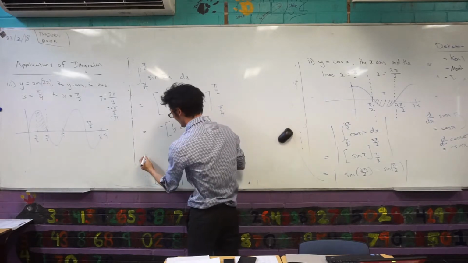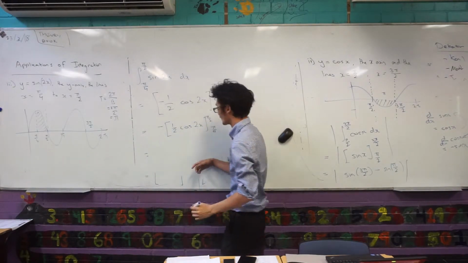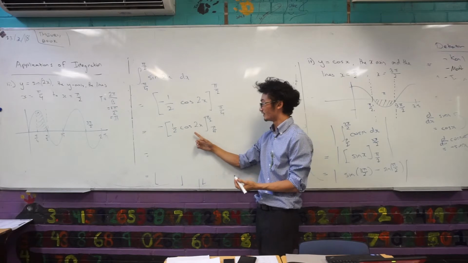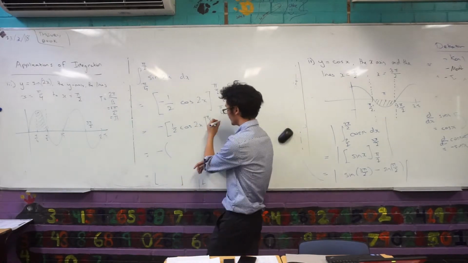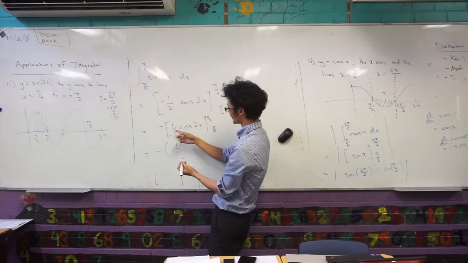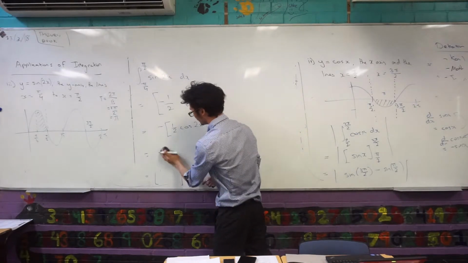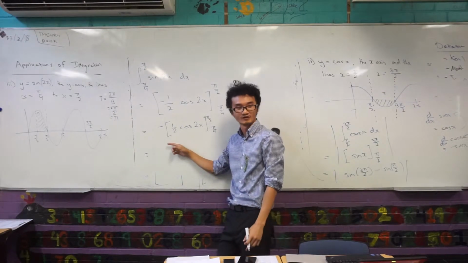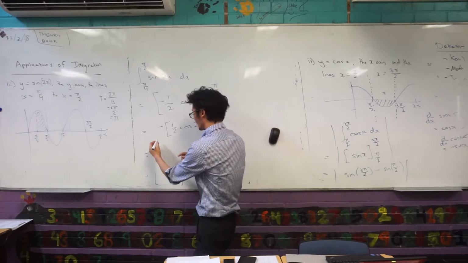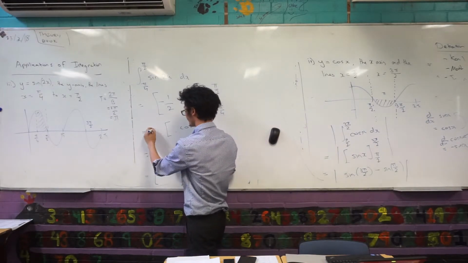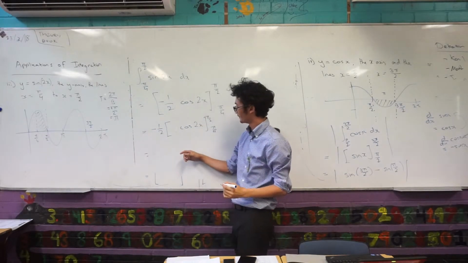And again, I'm just going to substitute in my x values here. Actually, I could take out the half as well, couldn't I? Yeah, I can take out the half as well, just to make things easier. Negative half.